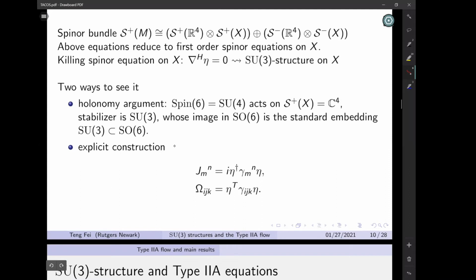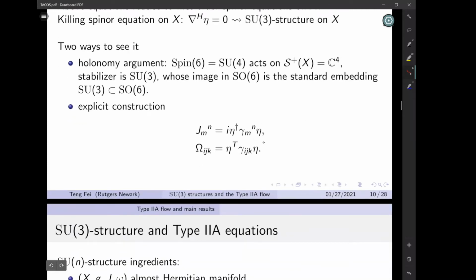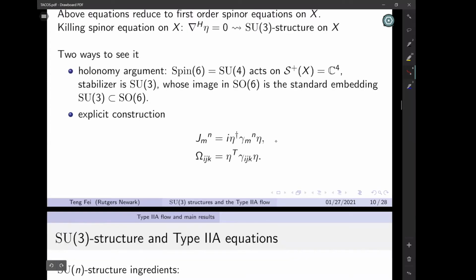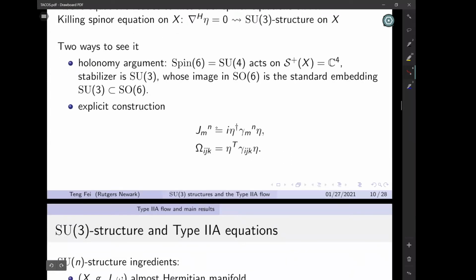And there's a more explicit way to construct this SU3 structure. Because you have this spinor eta, which is parallel under some twisted connection, then you can cook up this almost complex structure J by this formula. Because this C4, this spinor bundle, has a natural complex structure there. So you can define what is the dagger, that's like the conjugate transpose, and also its transpose.